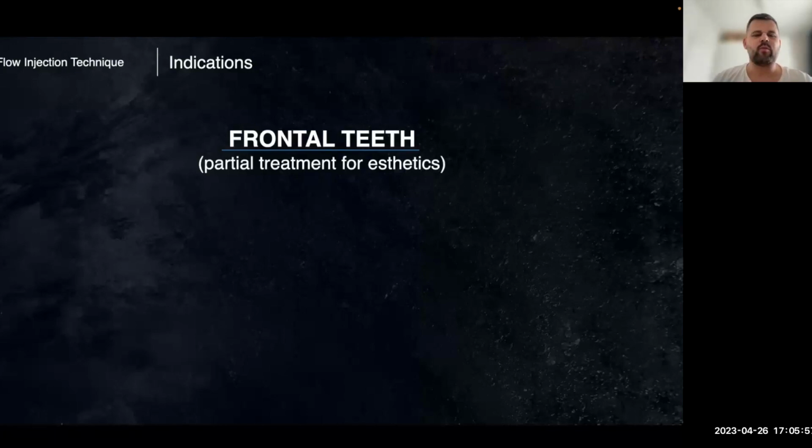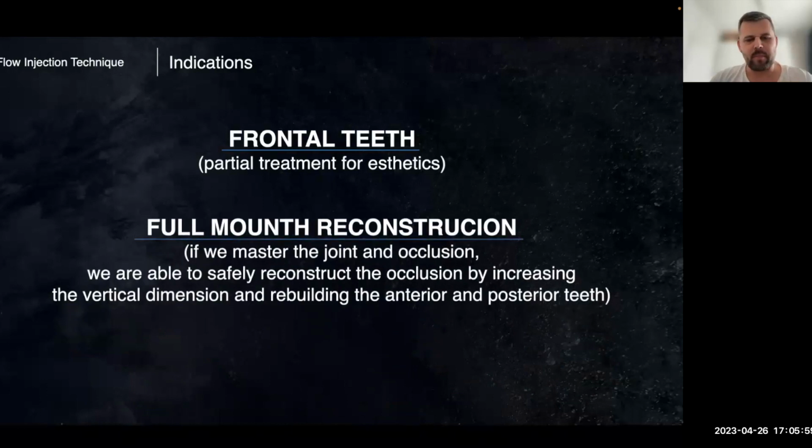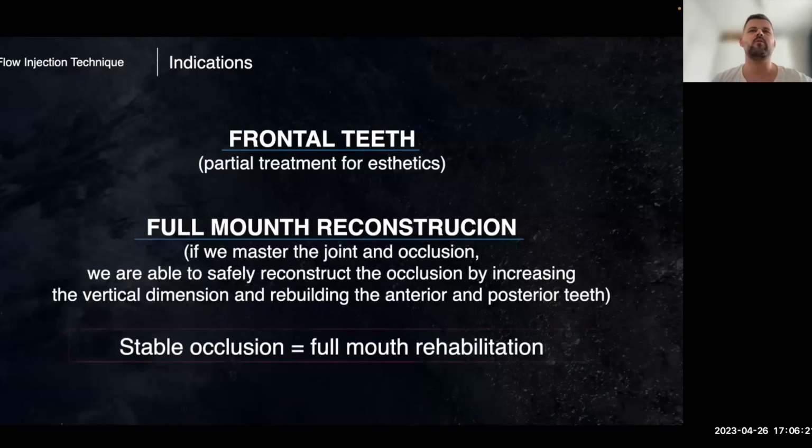But of course, we can also use flowable composite to prepare full mouth reconstruction. But we need to be a master of joint and occlusion. And then we will be able to safely reconstruct the occlusion by increasing vertical dimension and rebuild anterior and posterior teeth. So if the patient is stable with stable occlusion, we can talk about full mouth rehabilitation.